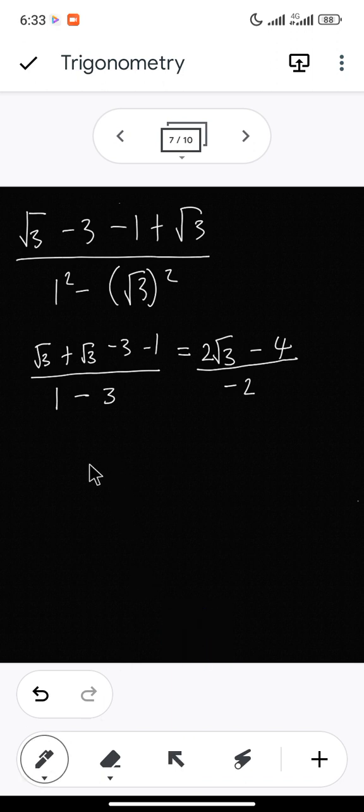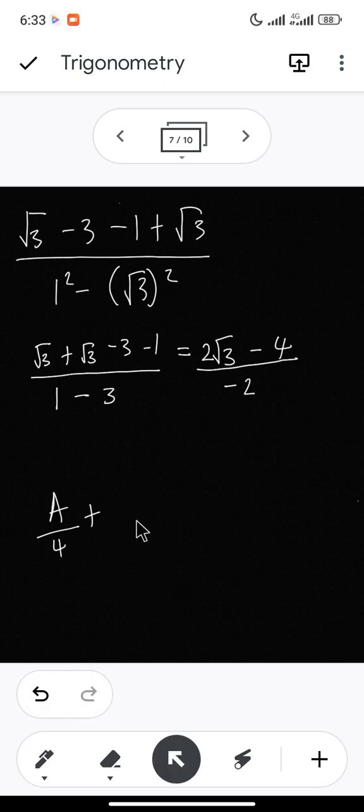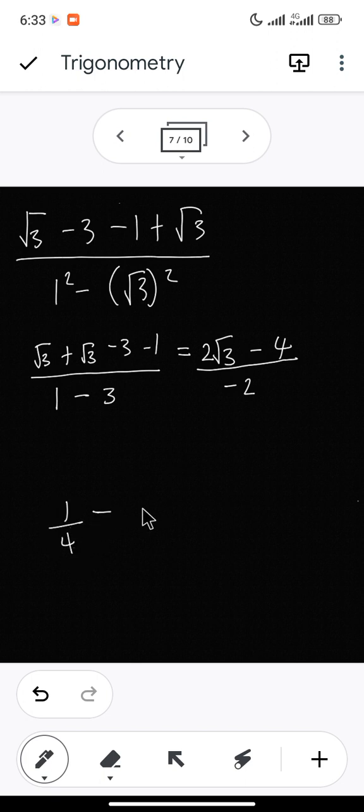Now, let me not use letters. Let's use actual numbers. Let's say you have 1 over 4 minus 2 over 4 minus 3 over 4. Similar denominators, right? This is going to be 1 minus 3 over 4.